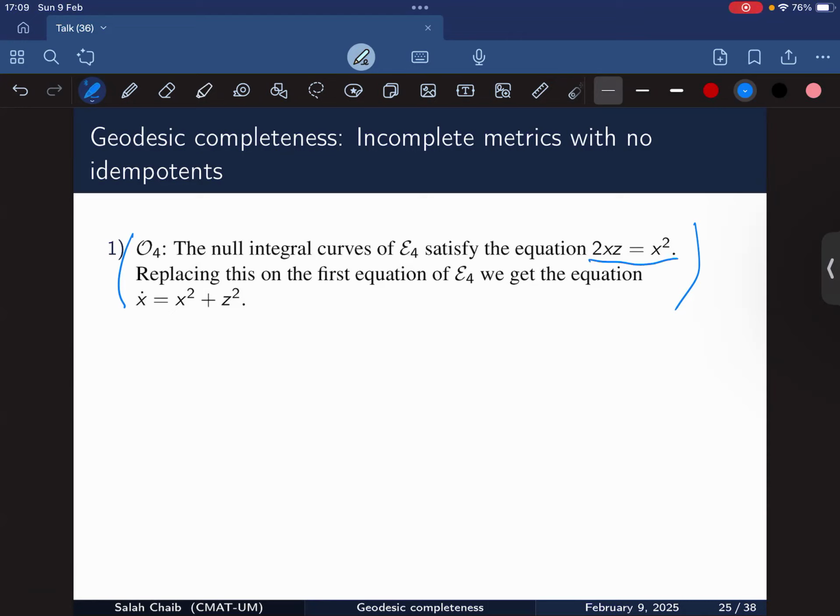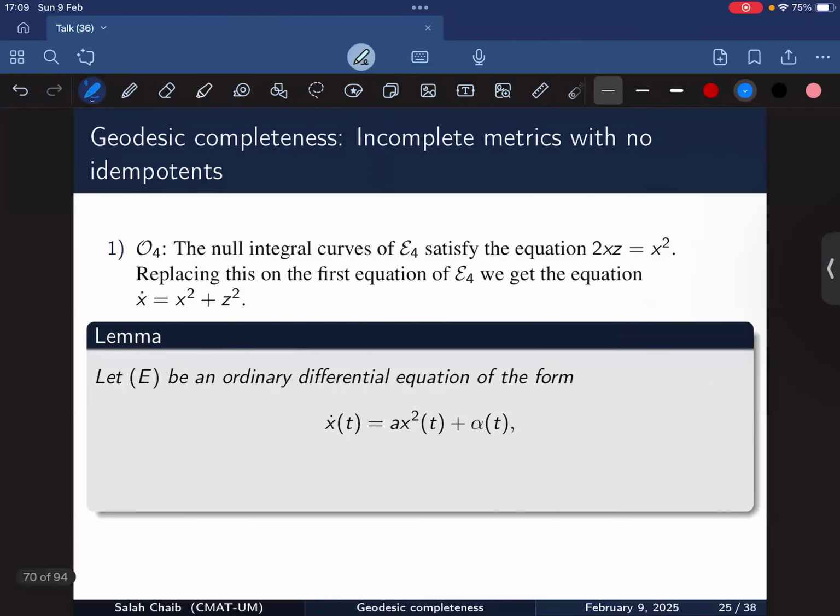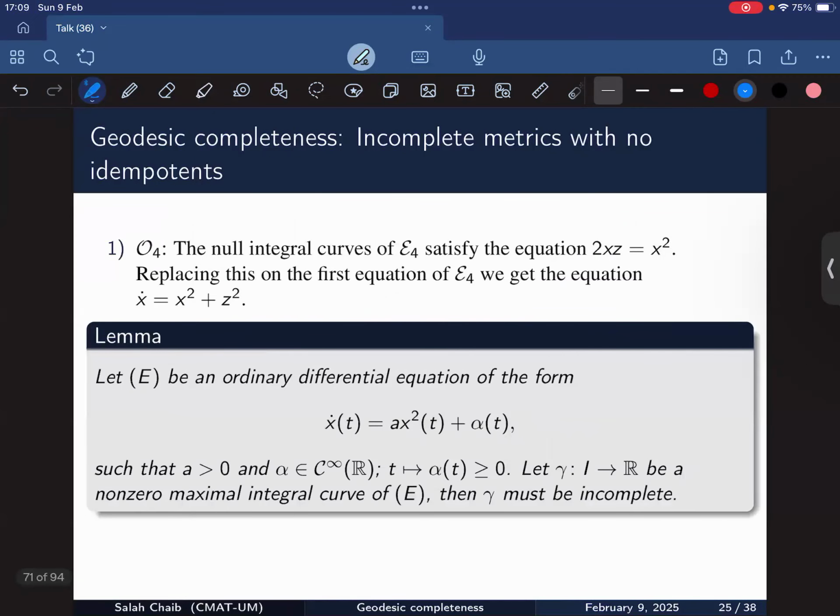So we get an equation of this form, which is x dot equals x squared plus z squared. Okay, so we know that this kind of equation is incomplete, but what about this kind of equation? What can we do? So we prove a lemma in dimension 1 differential equations in the case where we have a positive function here.